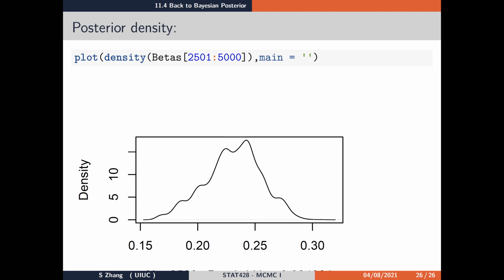You can compare this to the density that we use as the prior distribution, which is the uniform between 0 and 0.5. That will be a flat line at y equals 2. So you can see that by using the data, we actually gained a lot more information about beta compared to the prior that we have used.